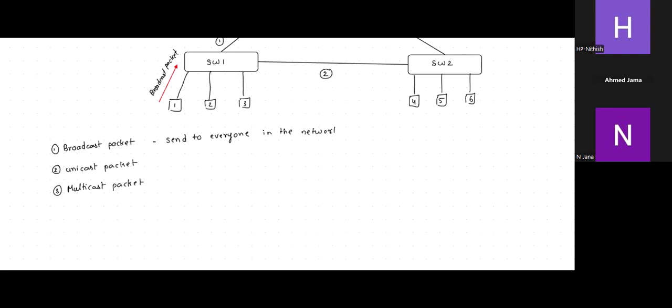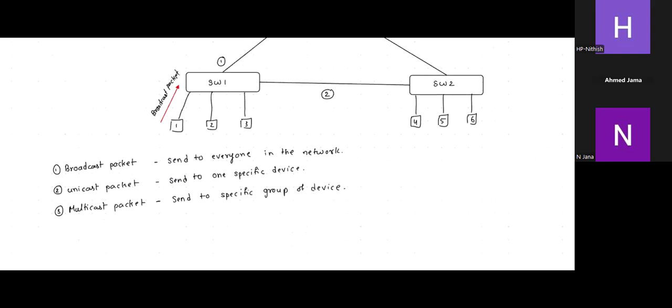Unicast means send to one specific person or one specific device; in a networking context, it's a device. Multicast means send to a specific group of devices, not all, but a specific group, like the HR or the marketing department. Correct, you are absolutely correct.